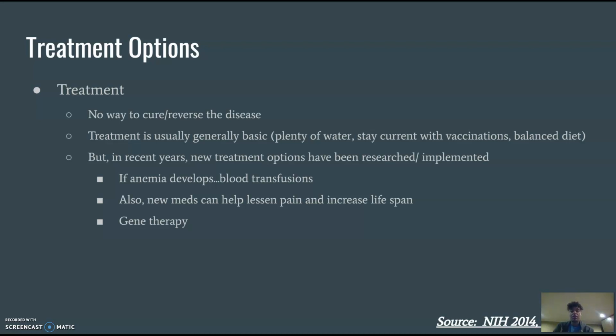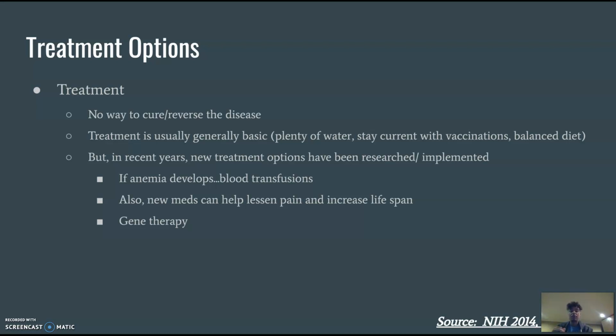But in recent years, there have been newer treatment options that have been researched and implemented. For example, blood transfusions are not as new, but that helps to supply the patient's system with a normal amount of hemoglobin. If they have a lesser level of hemoglobin or impaired, damaged hemoglobin, they can get blood from a different donor with healthy hemoglobin and try to improve their oxygen circulation around their body.